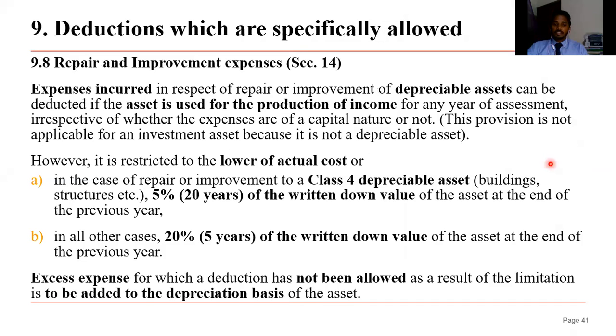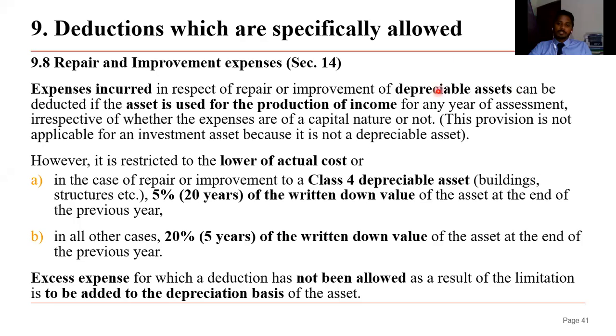And then today we are moving to repair and improvement expenses. It is basically in section 14. If you refer to section 14, it explains how we can claim repair and improvement expenses. Here, if you read this, expenses incurred in respect of repair and improvement of a depreciable asset.